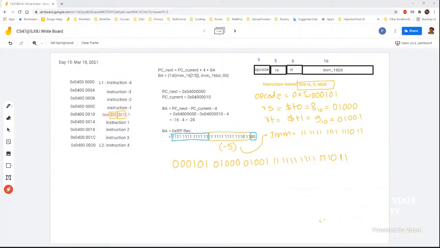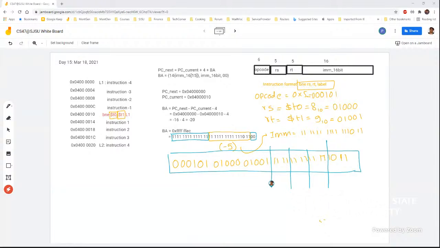Now change it to hex. This is the machine code anyway. The computer, your processor, will understand that. But for us, let's represent it in hex. Group by 4 from the LSB side.